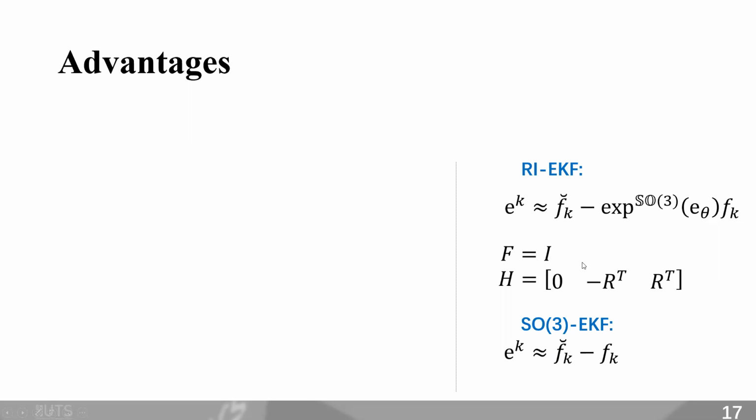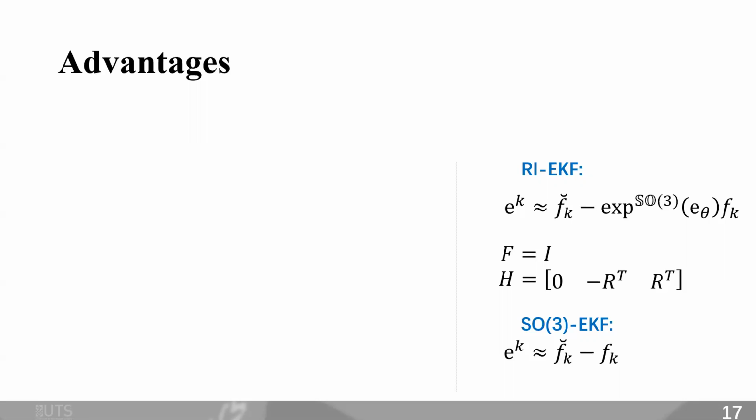It should be 0 for right invariant EKF, because you can see the linearization about the position here, so the position part contains some information of the rotation error, and H is the Jacobian of the observation model, right?